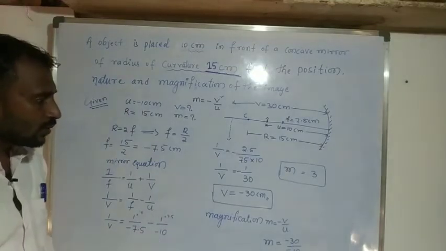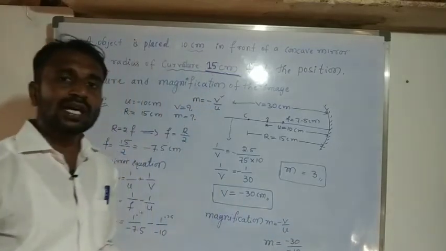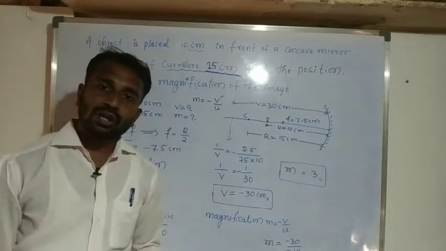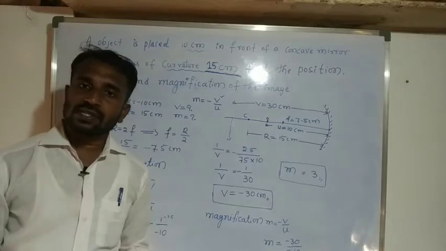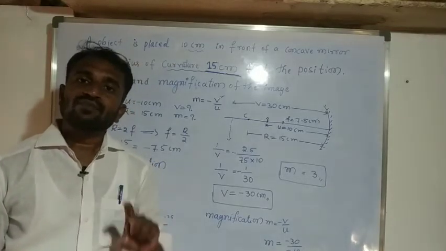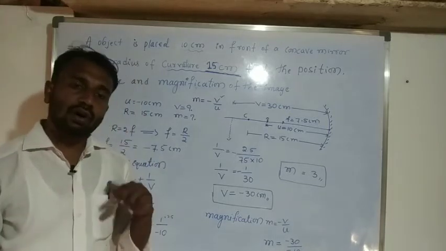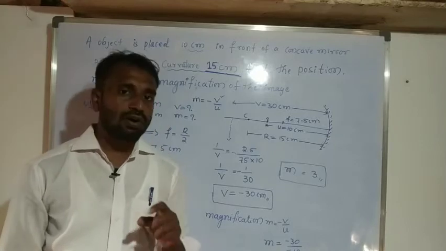So magnification value 3 means greater than 1. If the magnification value is greater than 1, the size of the image is larger than the size of the object.